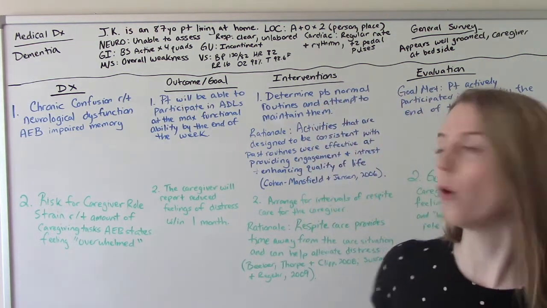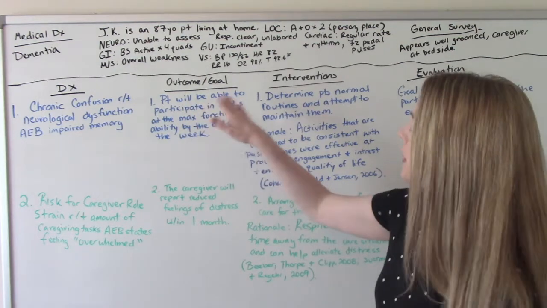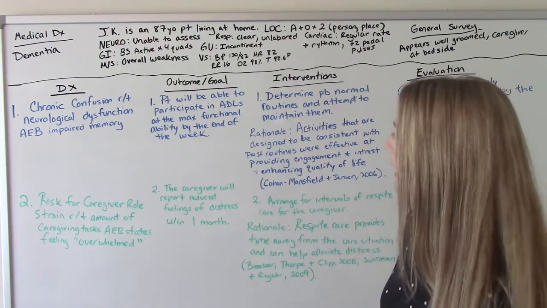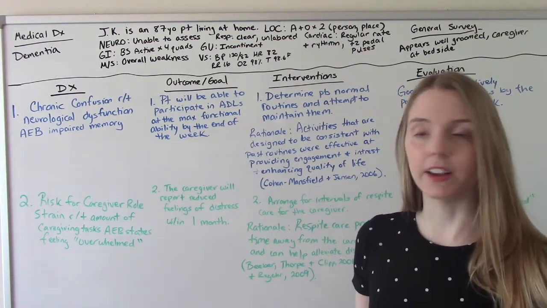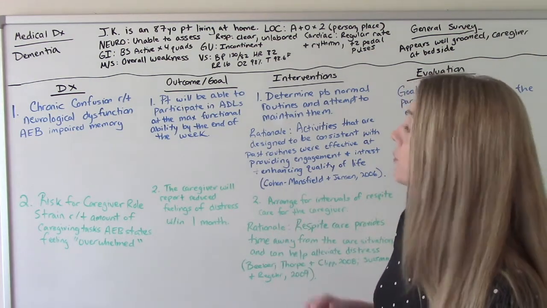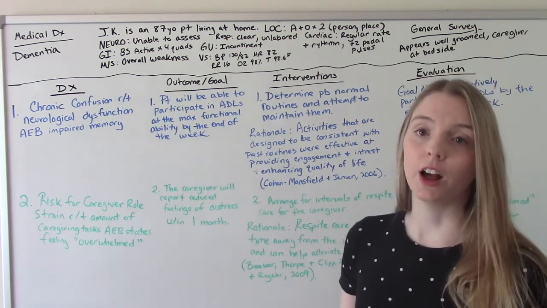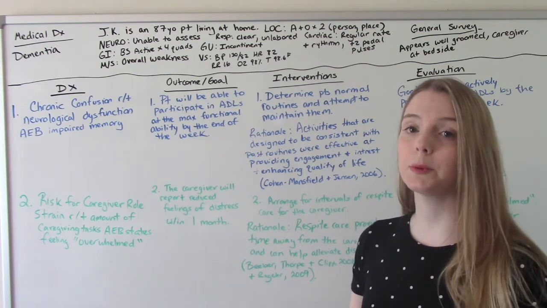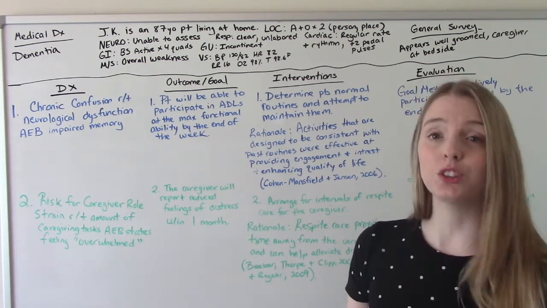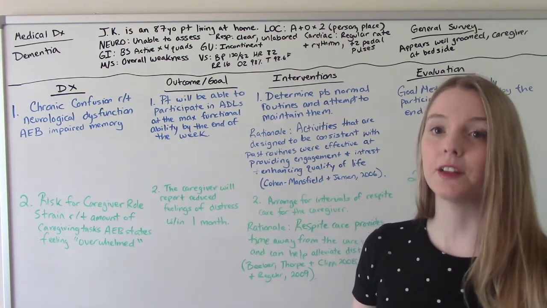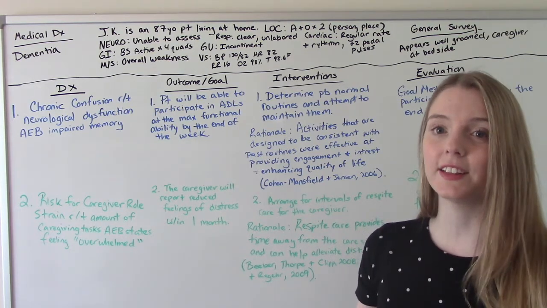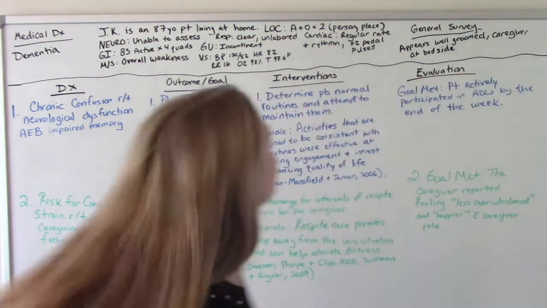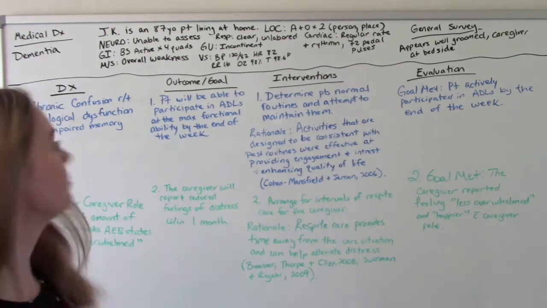A realistic goal is the patient will be able to participate in their ADLs, activities of daily living, at the maximum functional ability by the end of the week. So we want them to be able to participate in getting dressed in the morning, brushing their teeth, the basic stuff. See if they can help. So how are we going to make that happen?